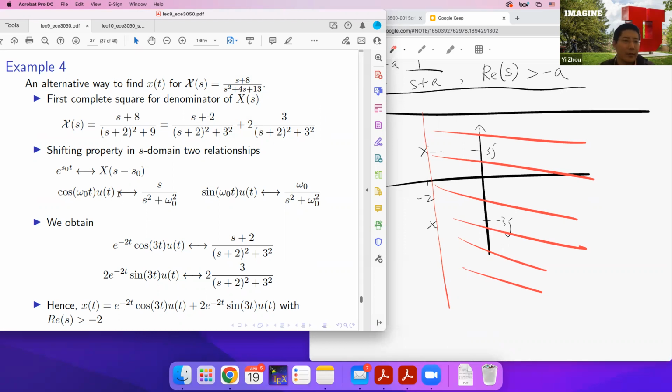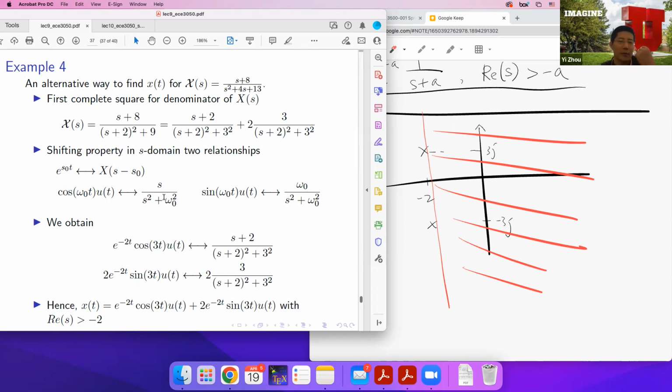And then, why do we need this form? Because in the previous example, we have shown that for such a signal, u(t) times cosine, the corresponding Laplace transform takes such a form, where we have complete squares in the denominator.